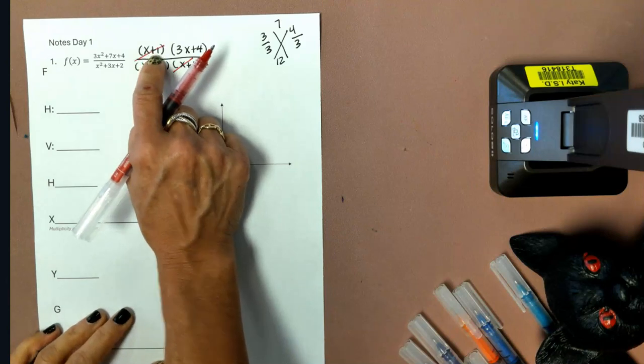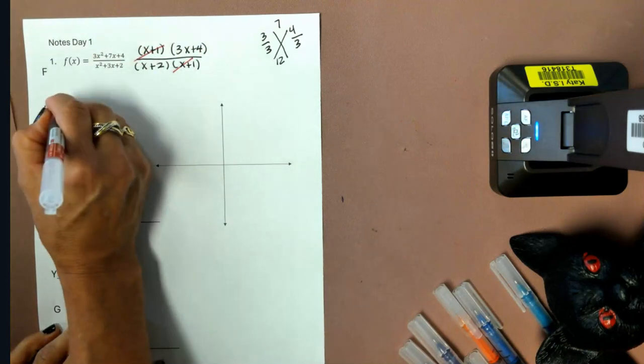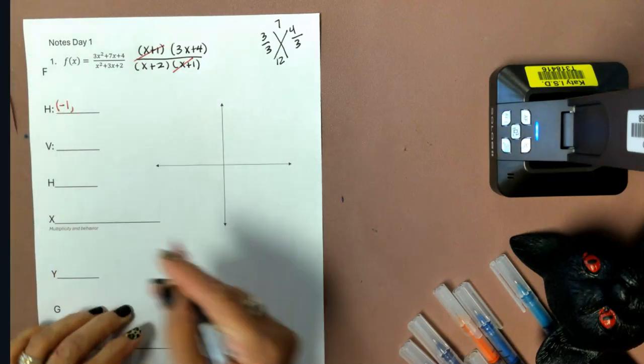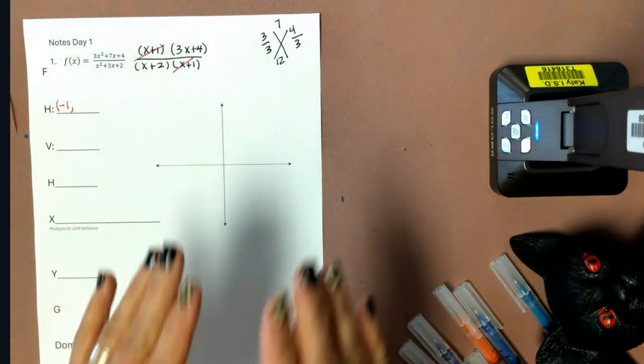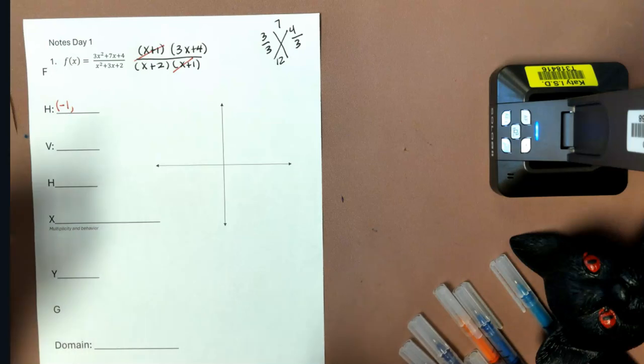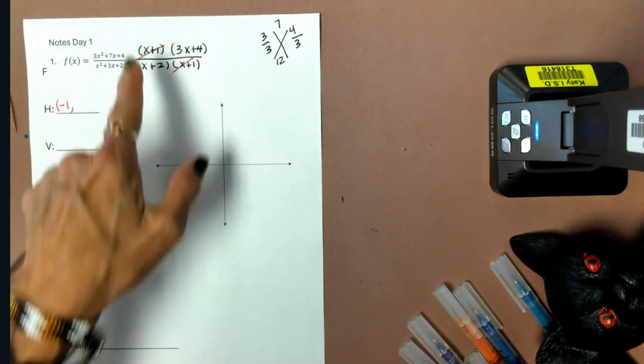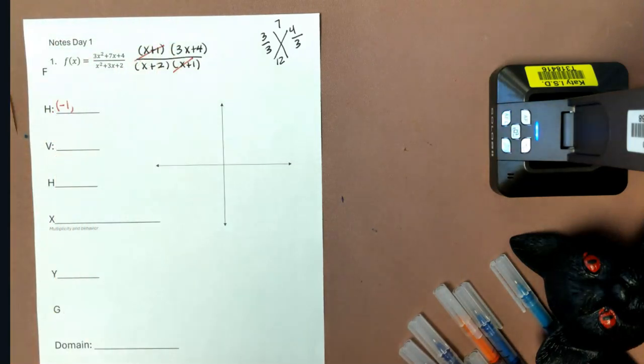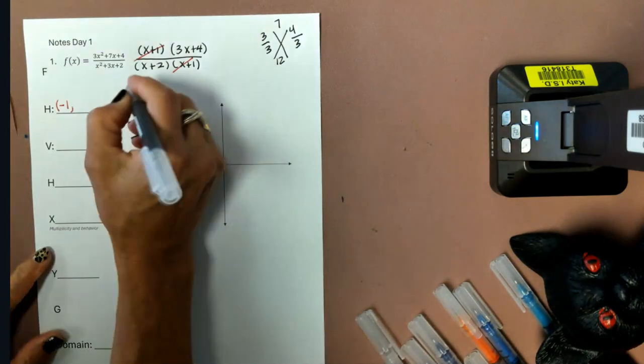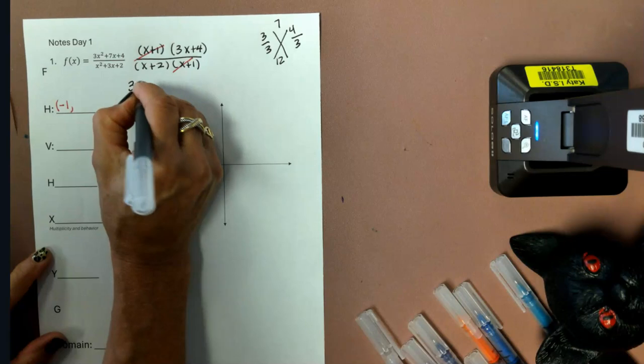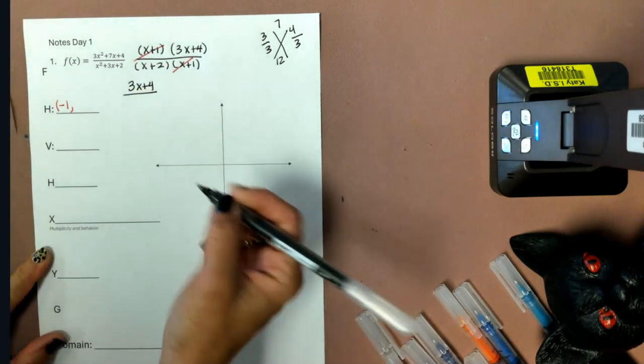This was a plus 1. So I'm going to plug in a negative 1 into the reduced fraction. So we're going to go ahead and wipe out these x plus 1s, and everything else that remains is going to look like this: 3x plus 4 over x plus 2.